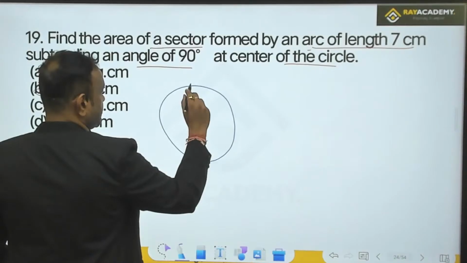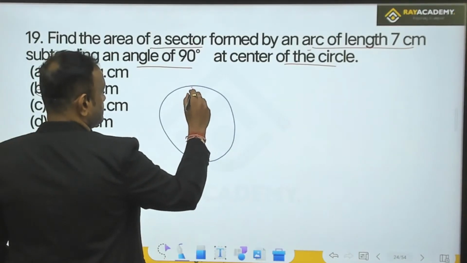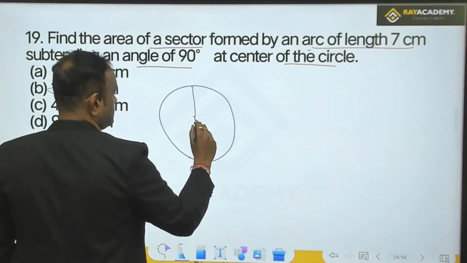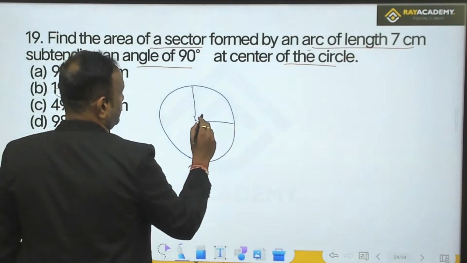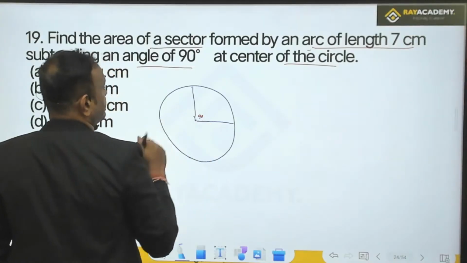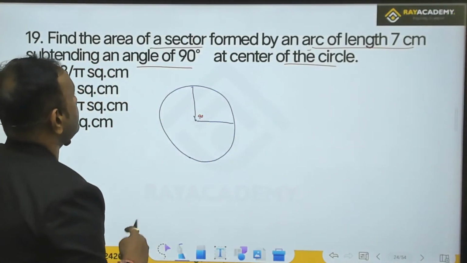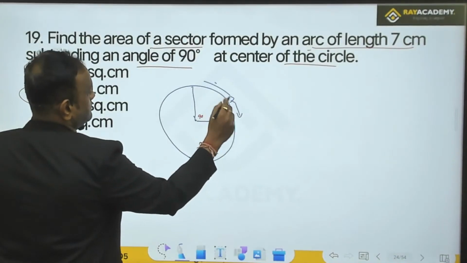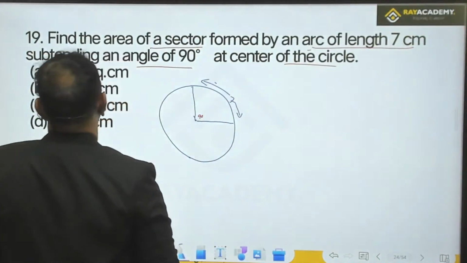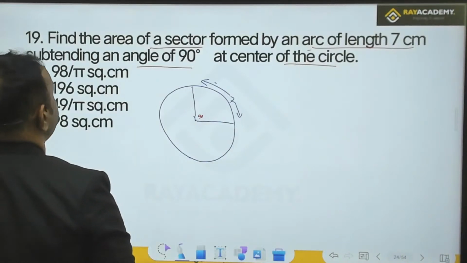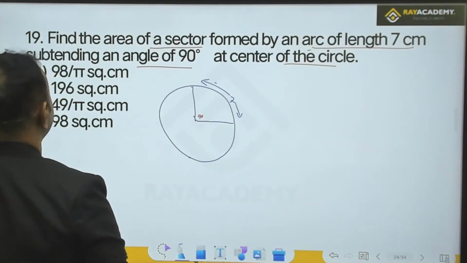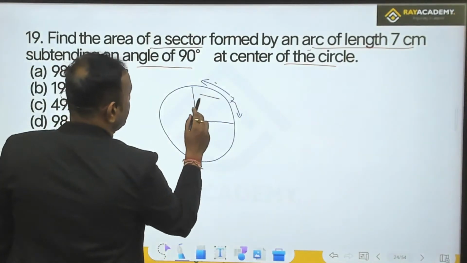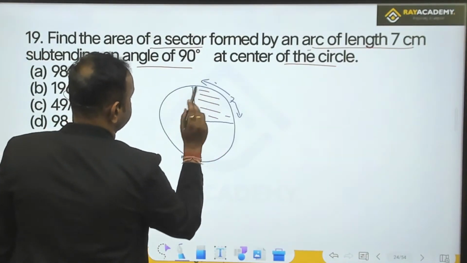So this is one of the sector. This is 90 degree. They are giving the length of the arc, this length is given 7. Find the area of the sector. So they are asking the area of this whole thing.